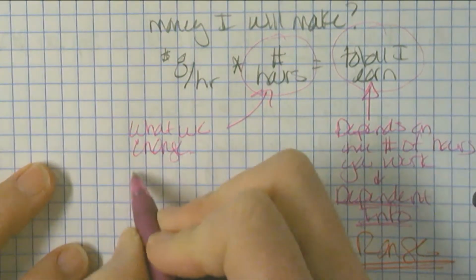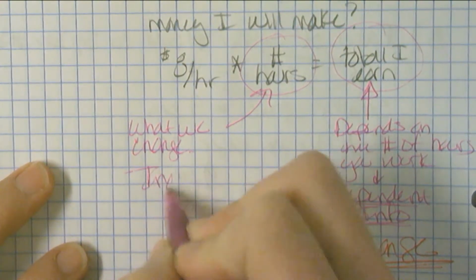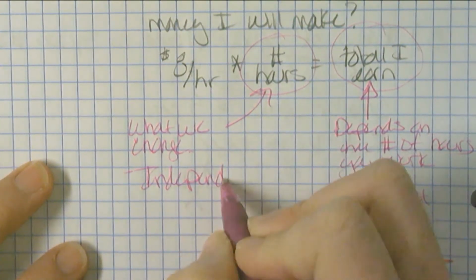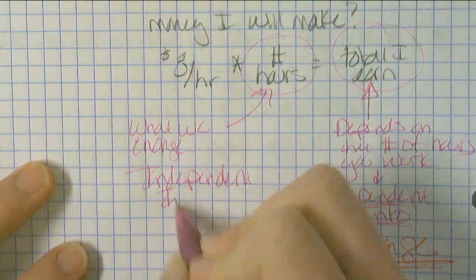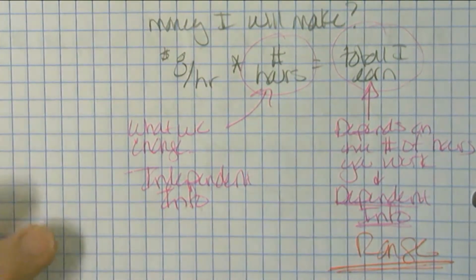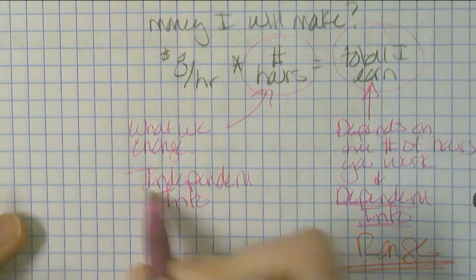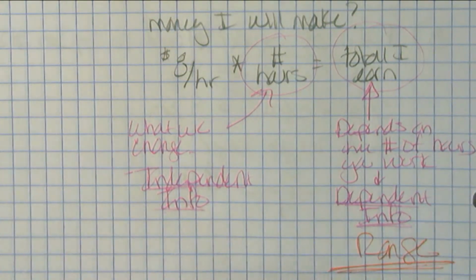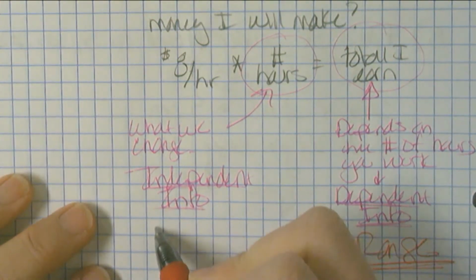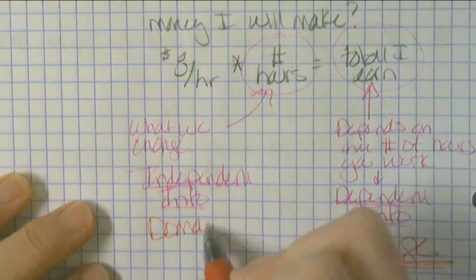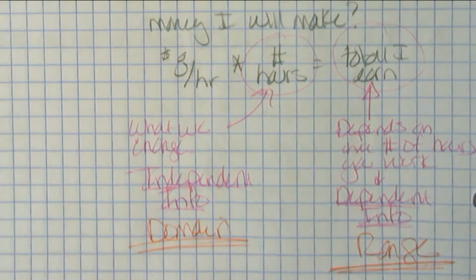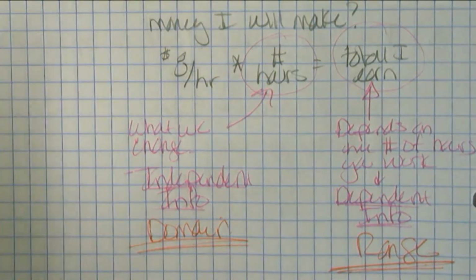So this is our independent info. Is that our domain or is that our range? Ashton? That is our domain. Can you kind of see the difference between these, independent versus dependent? Your dependent always depends on your independent.